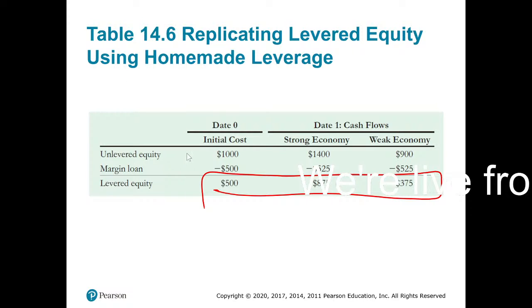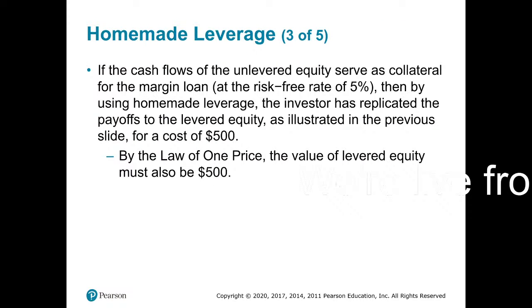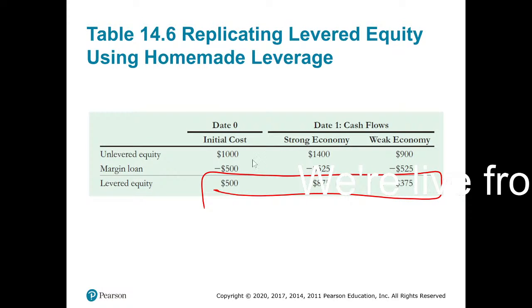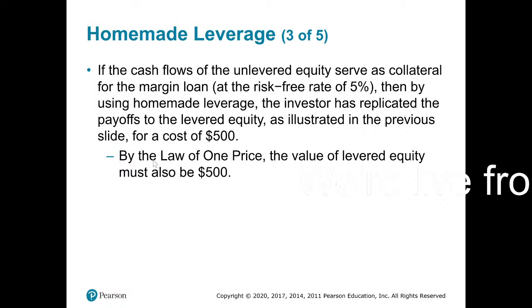Say we can borrow 800, we can borrow 600. So we can use different kinds of homemade leverage here. Because the investor can do this, the value must be 500 in this case. So that's because of the law of one price.